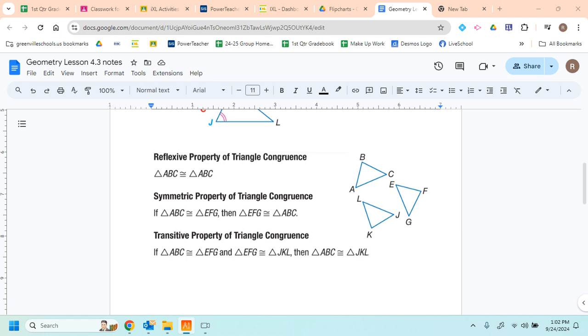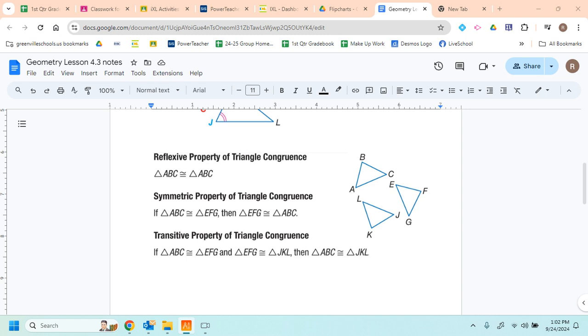So find the values of x and y when triangle ABC is congruent to FDE. So here's the thing. We know that ABC is congruent to FDE. We know that D right here is y, and that has one congruency symbol.